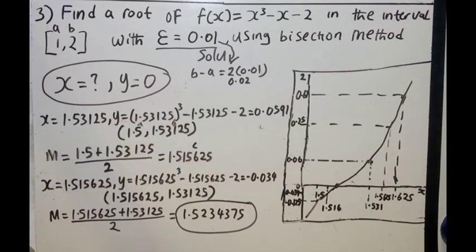So doing that, we have answer cubed minus answer minus 2, and we are having approximately 0.01 something. As you can see, if I approximate this to one decimal place, this is approximately 0. So this is our final answer. This is where we'll be stopping.